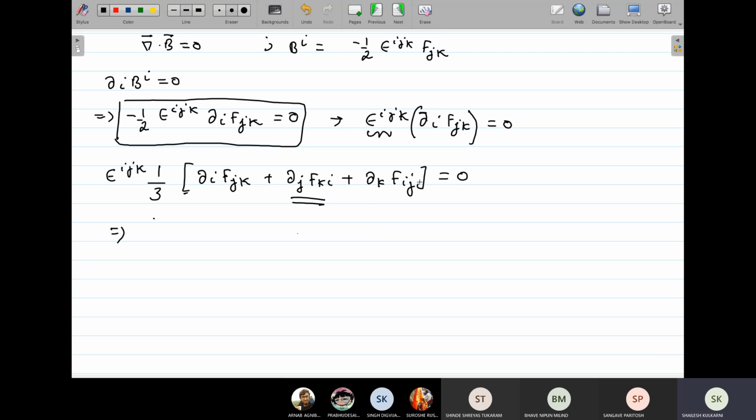Epsilon ijk will be 0 anyway if i and j are the same. But when i, j, k are not the same, I will get ∂_i f_jk plus ∂_j f_ki plus ∂_k f_ij equal to 0. Clear?